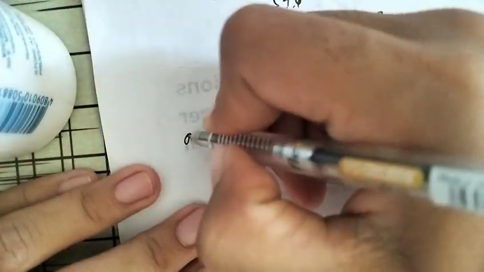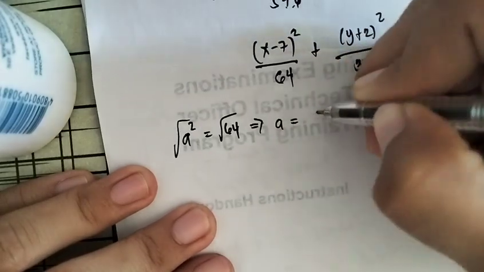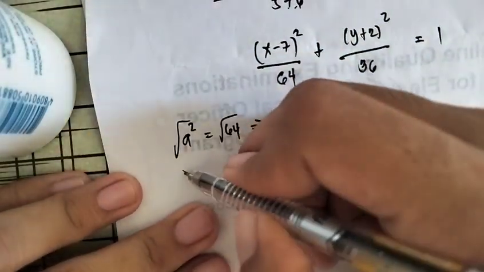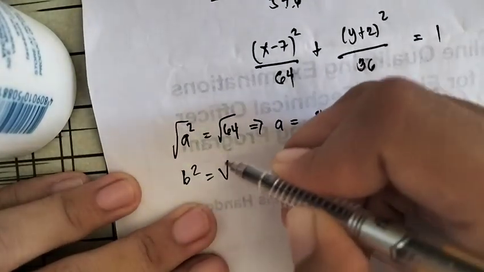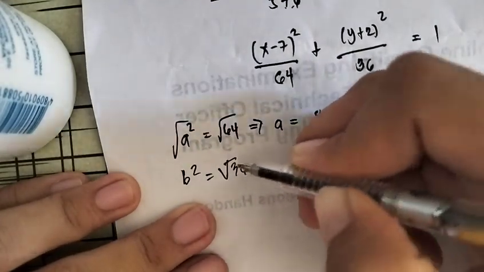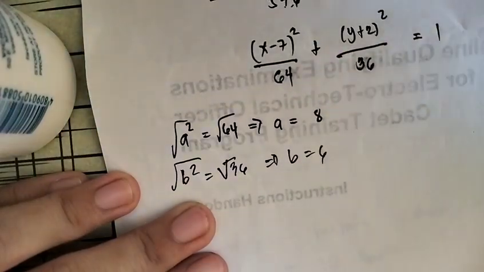Ano din. So, A nimo is A squared 64, which is equal to square root A is 8. B squared is square root of 36. So, B is 6.